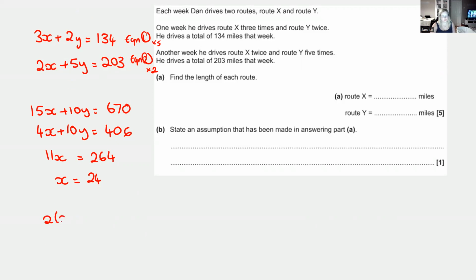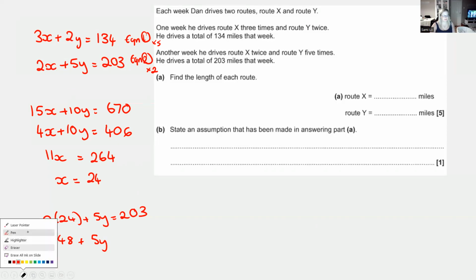So we're doing 2 times 24 plus 5y gives us 203. So we know 48 plus 5y gives us 203.